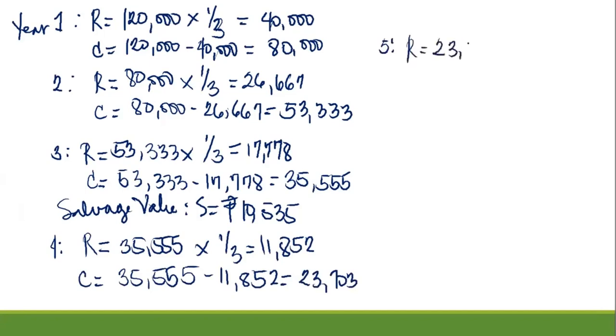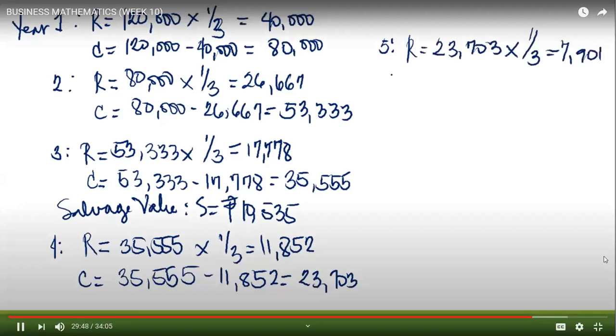So, in the 5th year, 23,703 times yung depreciation rate. So, this is equal to 7,901. Okay?